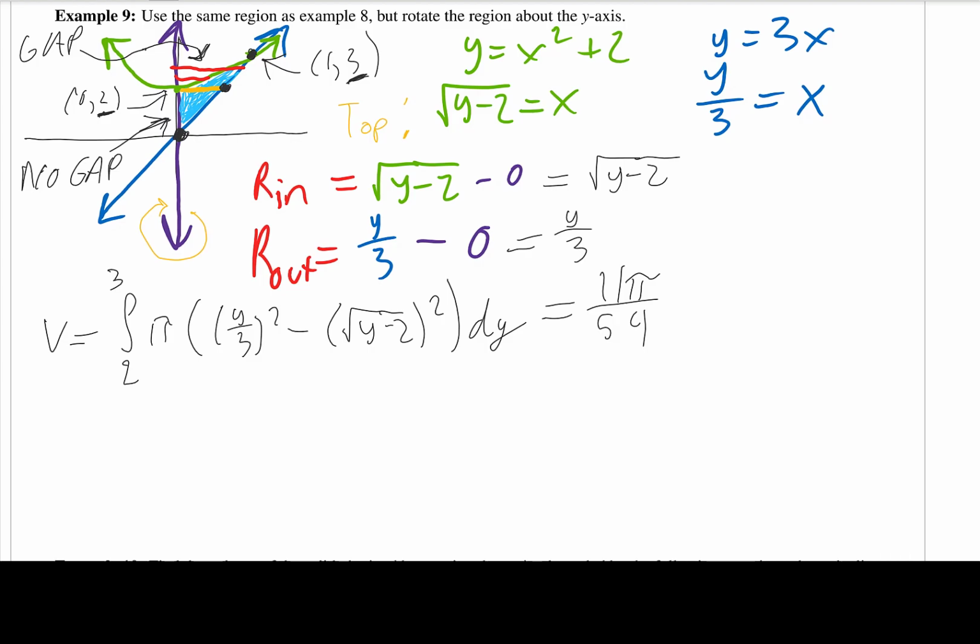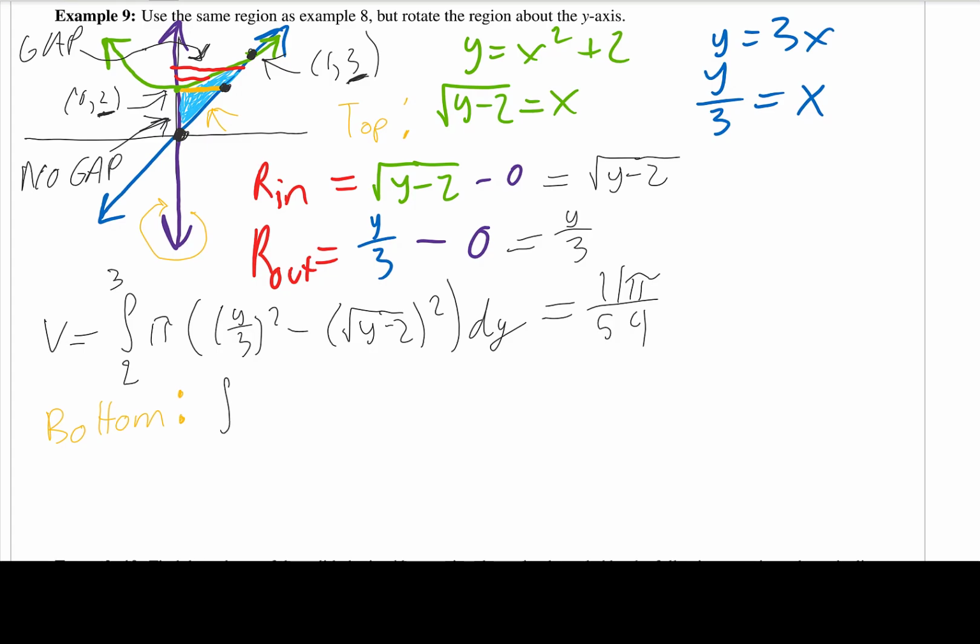Now for the bottom, that's going to be a disk, right? This region right there, that's the bottom. And so the radius on that is just going to be the distance between the purple and the blue line, which we already know is y over 3. So since there's no gap there, we're going to be using disk.